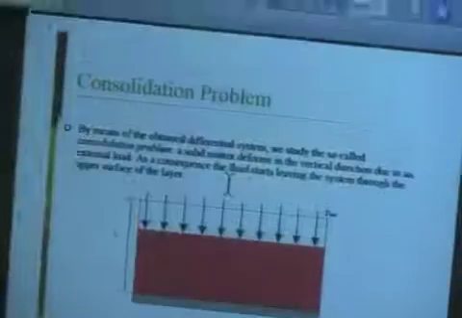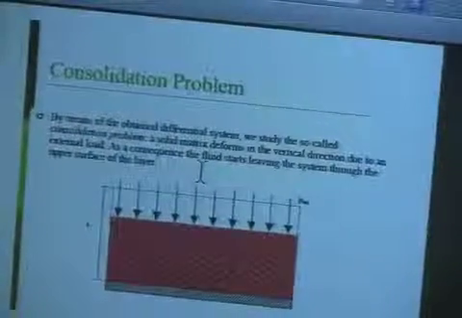The fluid in the porous medium can flow because pores are interconnected. So you can have a Darcy type relative motion of the fluid with respect to the solid. And you want to understand how this system is deformed by the application of this weight at the top of it.